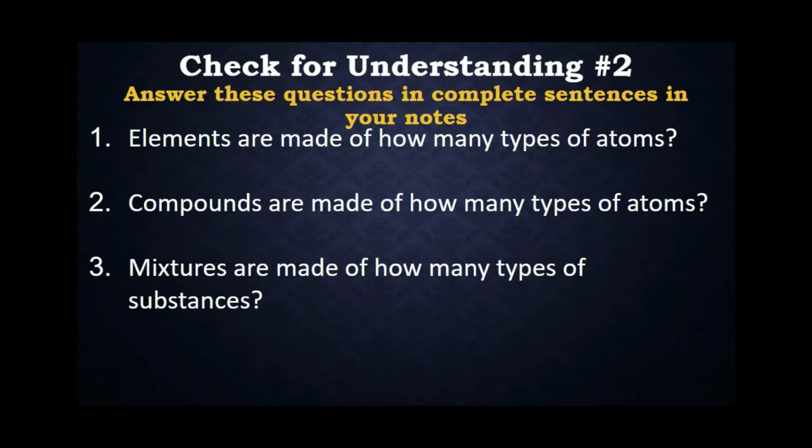Check for understanding 2. Answer these questions in complete sentences in your notes. Elements are made up of how many types of atoms? Compounds are made of how many types of atoms?